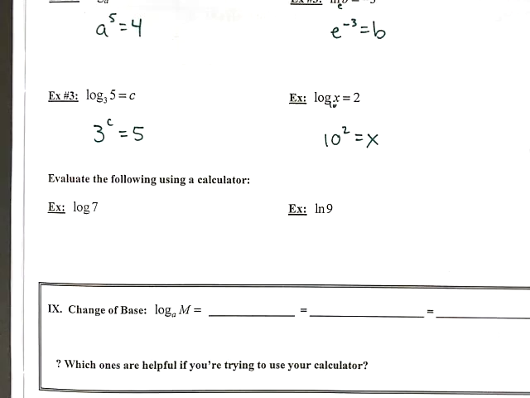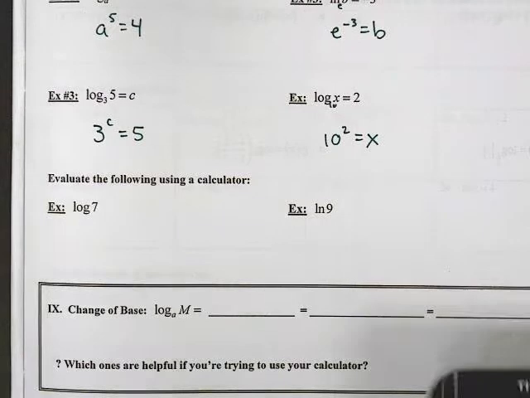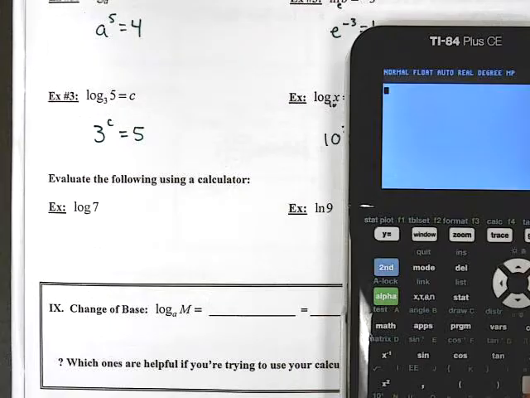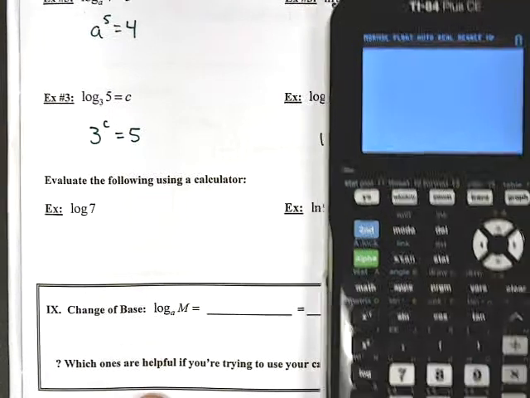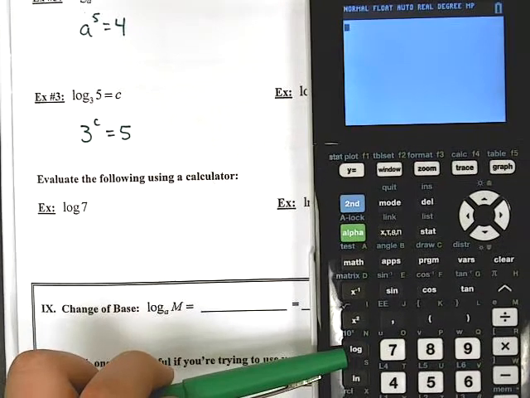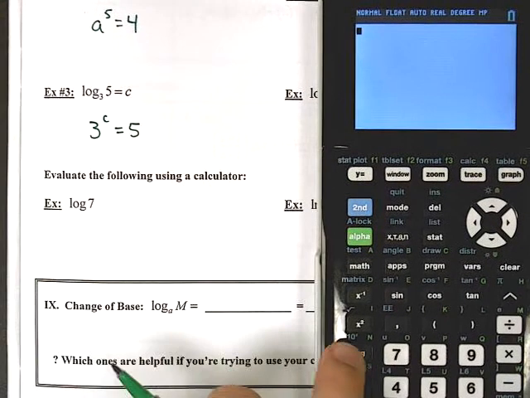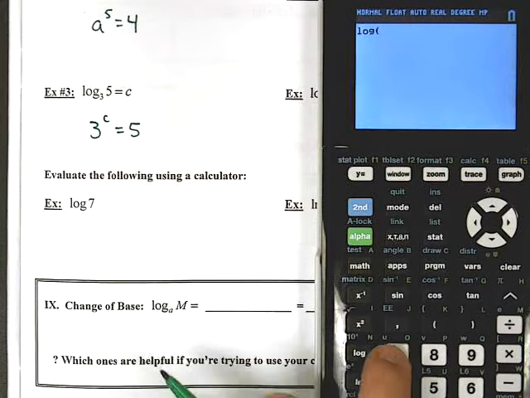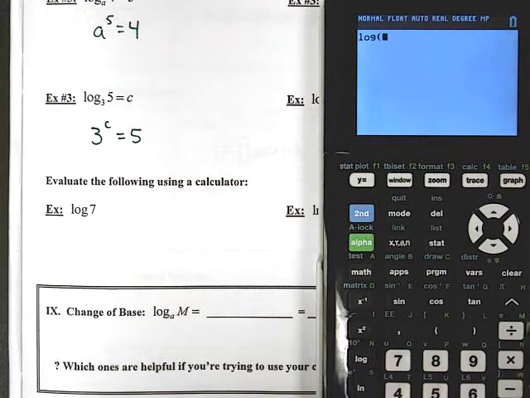All right? Okay, so now we get to use our calculator a little bit here. The log button is right here, right next to the 7. If you hit it, it doesn't allow you to plug in a base. It's only talking about the argument.